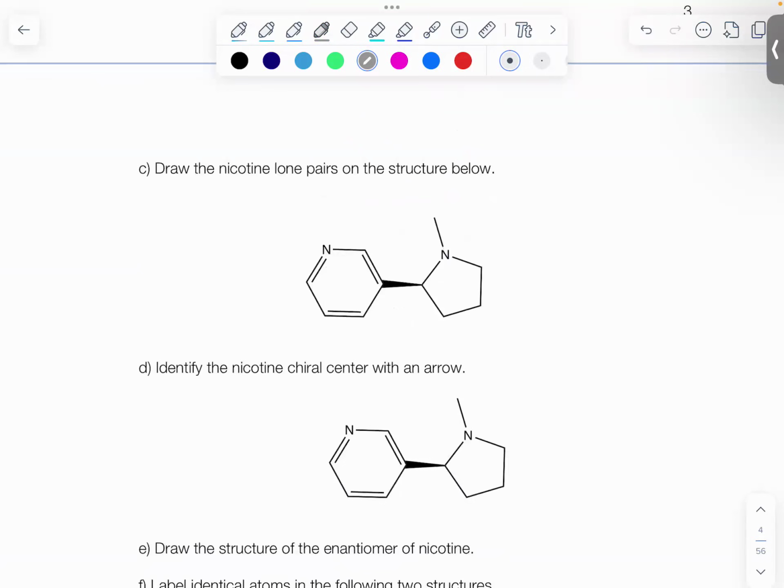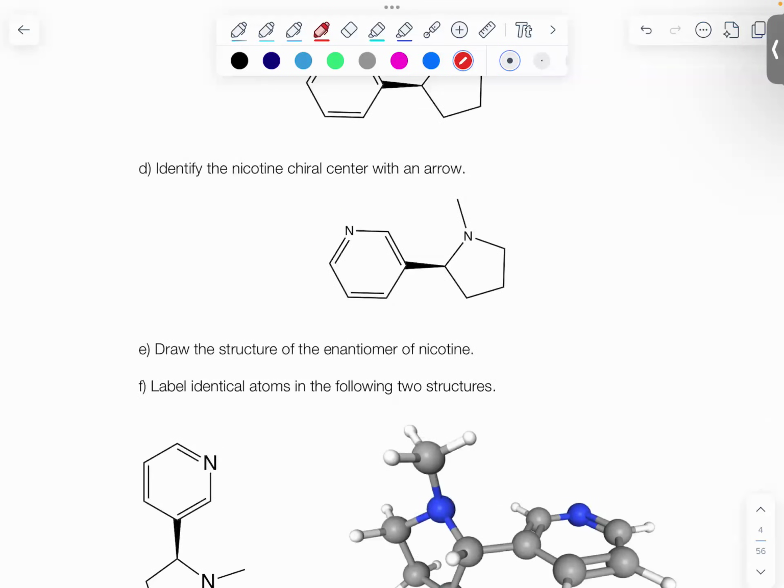So now we can add in our lone pairs. It'll only be on the nitrogens. And then identify our chiral center. So you can kind of think about your wedges and dashed wedges as arrows towards your chiral center, where you have a really big arrowhead and a tail pointing straight to your chiral center.